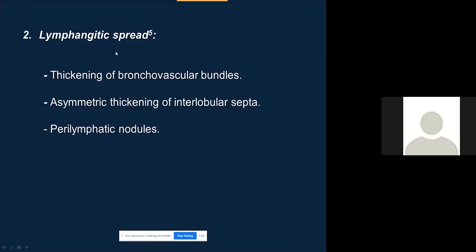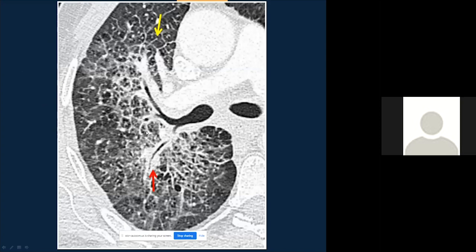When we have lymphangitic spread, we are going to have thickening of the bronchovascular bundles, asymmetric thickening of interlobular septa, and perilymphatic nodules. In this image, these are the interlobular septa, which are thickened. These lines in the lung, usually in a normal lung, we wouldn't see.